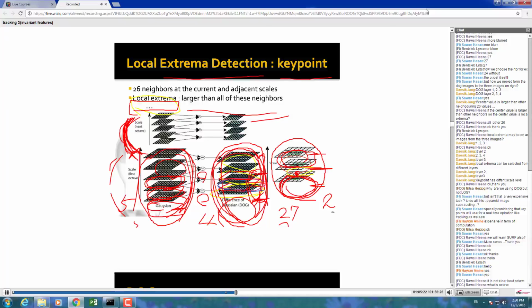Without changing the resolution dimension of the image, we just apply Gaussian multiple times. Once it's done, as in this example, we generated 5 Gaussians. Then the next step is to scale down the image physically, and then we do the same thing.